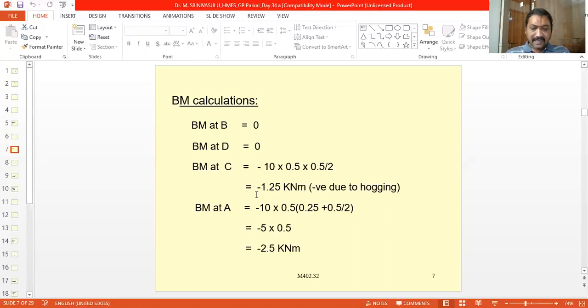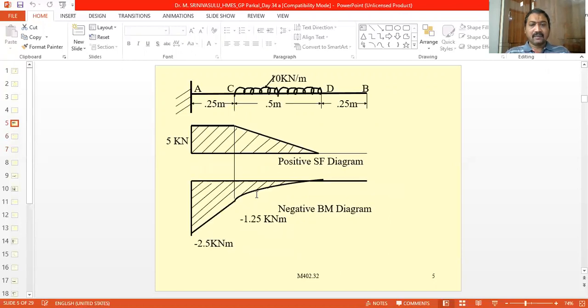Now the bending moment at the point A. What is the load? The load is equal to 10 into 0.5, that is 5 kilonewtons, and it is acting at the midpoint here, 0.25 meters from here, the midpoint of this load. Now we want the moment about here.